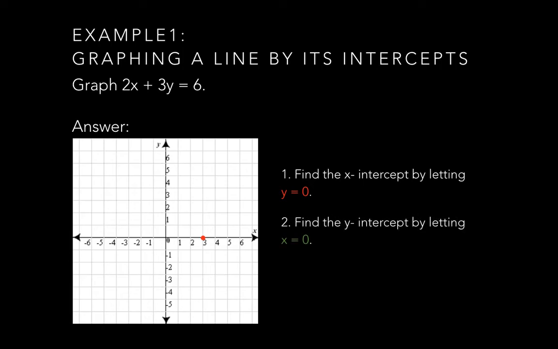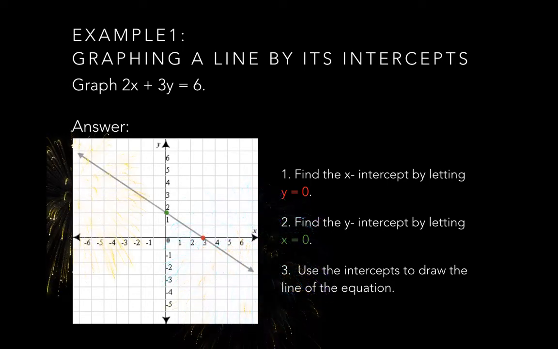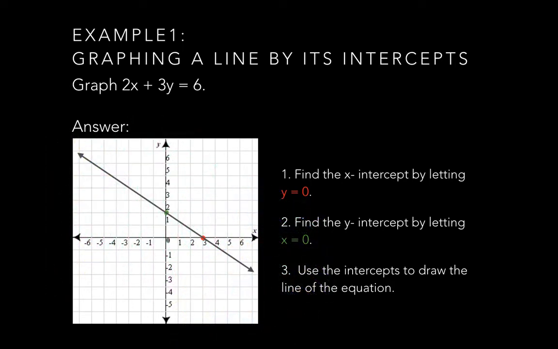Similarly, we find the y-intercept by letting your x equal 0, because on your y-axis, the x values are 0. So if you plug in a 0 for your x, you'll have 3y equals 6, which means y is 2. And then you'll just draw the line between those points, and you have graphed a line by its intercepts.